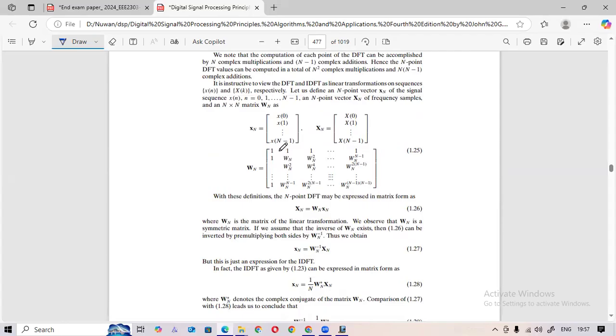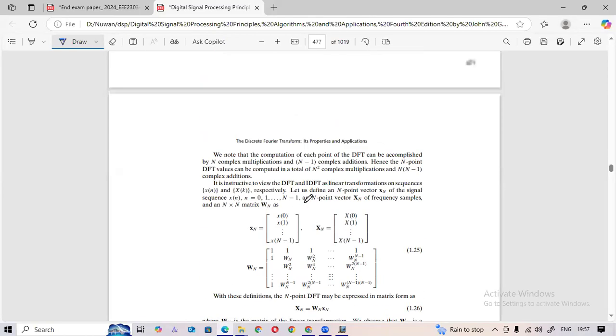You can see that this is k, from 0 to N minus 1, and this is n, again 0 to N minus 1. In this direction n is 0, and in this direction k is 0. So these terms will be 1, and again you will have some values here.